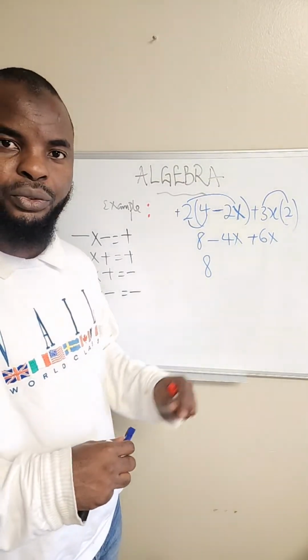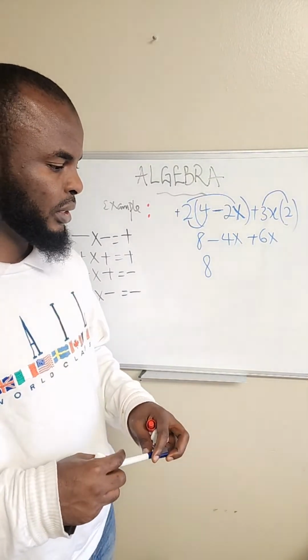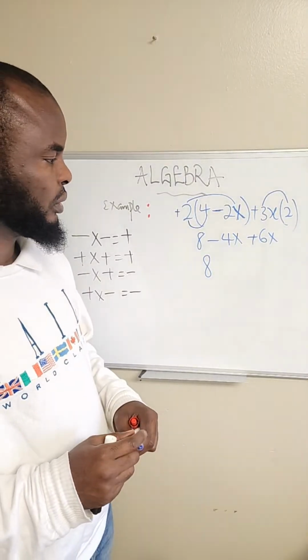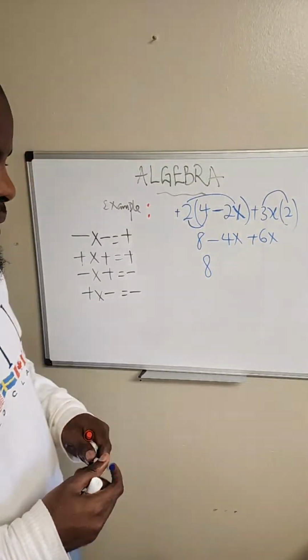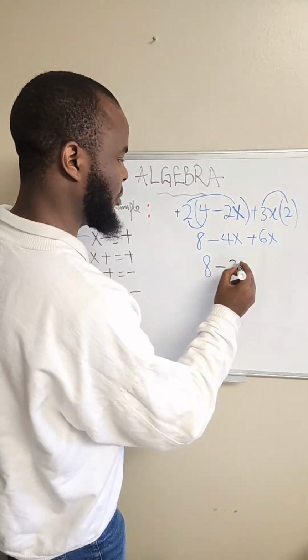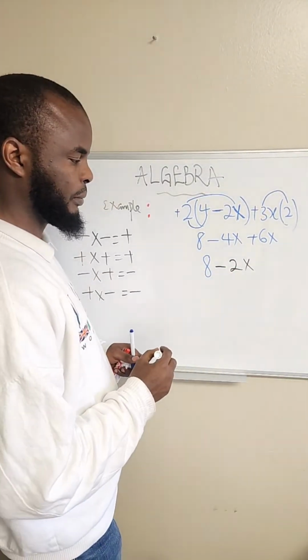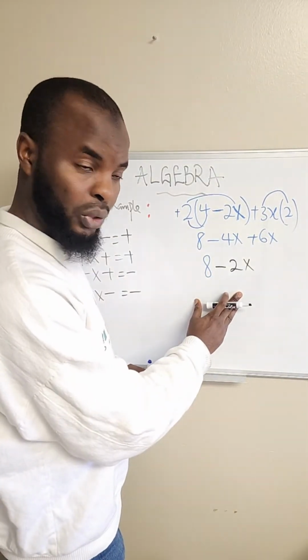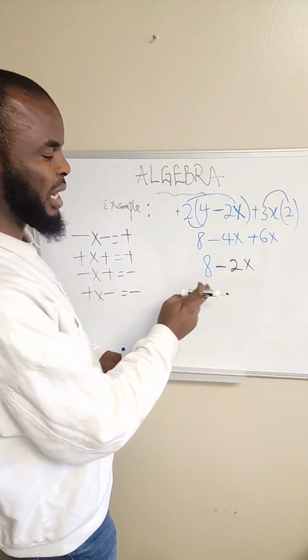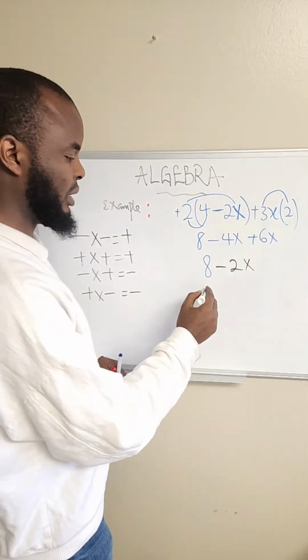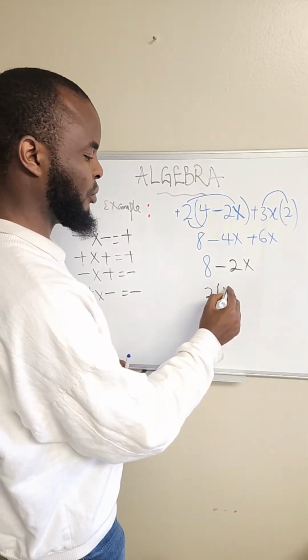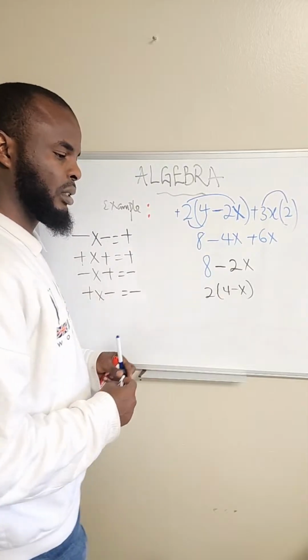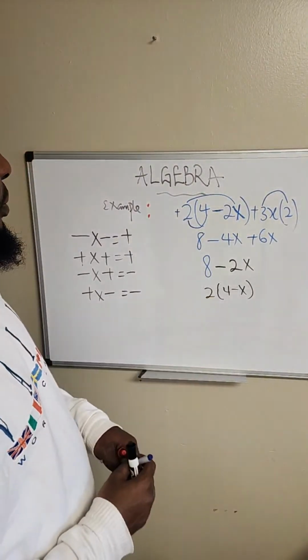Negative 4x plus 6x is going to give you what? Okay, negative 2x. So this is what you can do. If you want to simplify further, you can just factor out 2. Yes, you can just say maybe you have 2 into 4 minus x. This is what you can do.